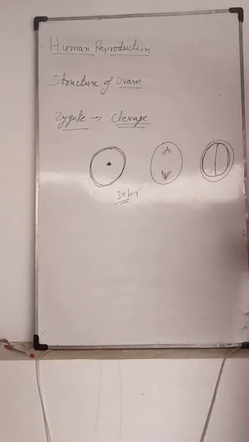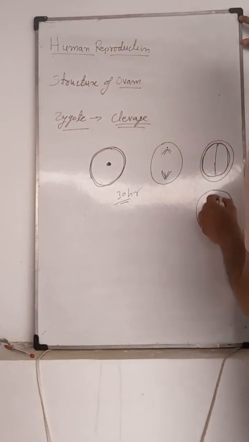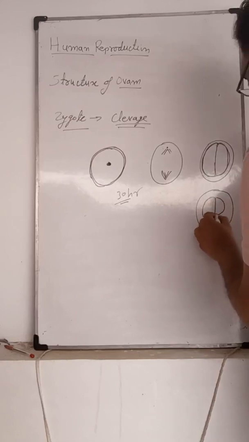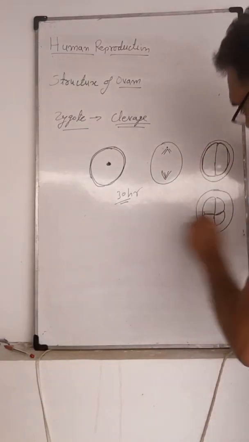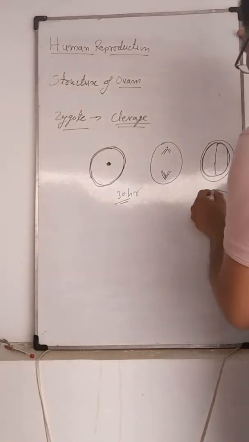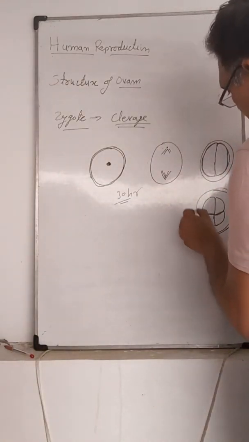The next division occurs about 60 hours after fertilization, forming the four-cell stage. The first is vertical, the second is a transverse division, and again there is the zona pellucida layer.